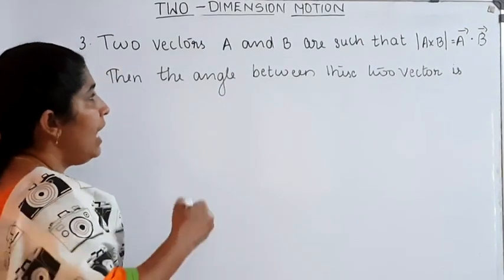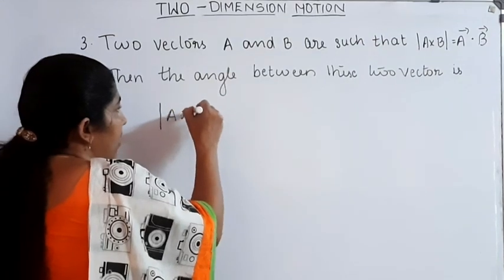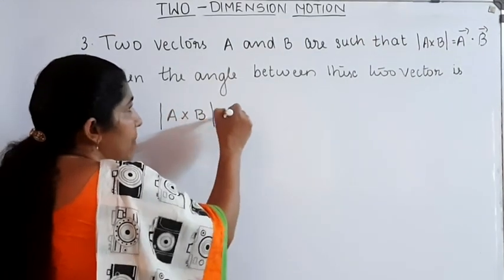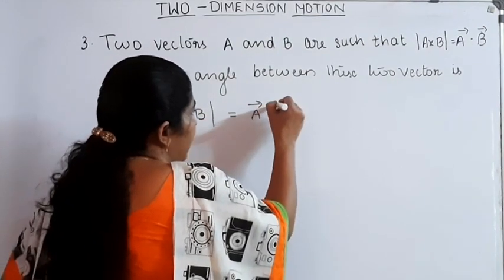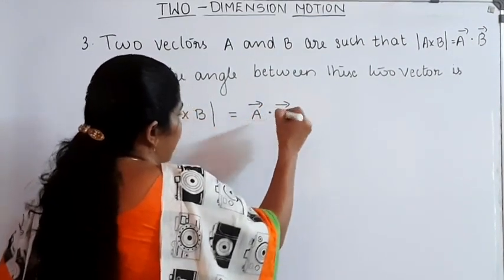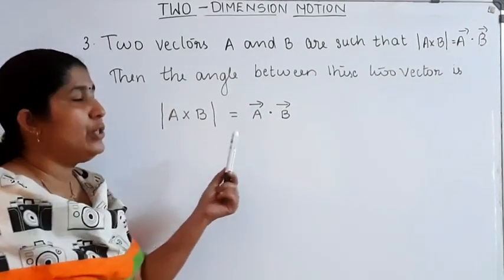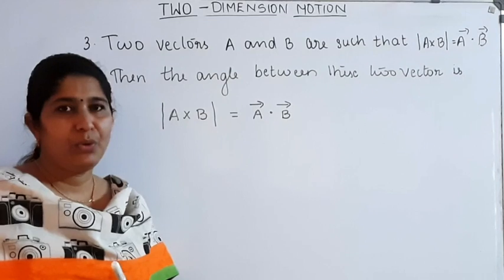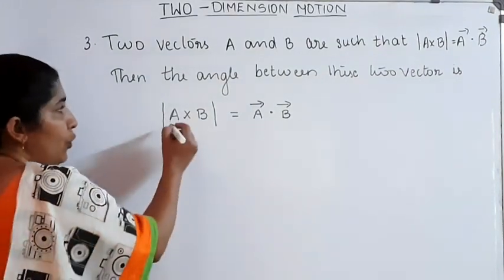Here, modulus of a cross b becomes equal to the dot product of two vectors, a dot b. Okay. Then the angle between these two vectors is, we know that a cross b is equal to, what's the value of a cross b?